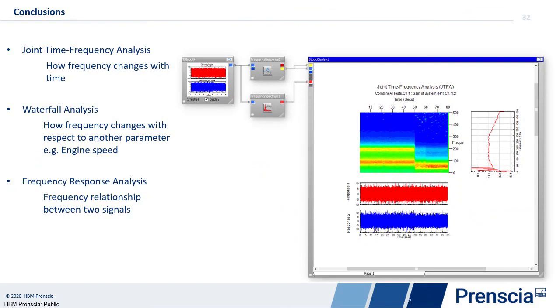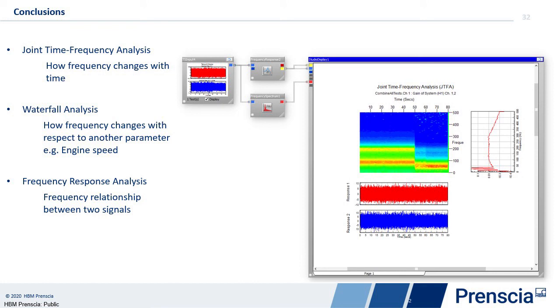What we have done here is club together time and frequency domain analysis by way of joint time frequency analysis. This helps me identify how frequencies change over time within the signal. From a waterfall display, we learned how frequency changes with respect to another parameter, like engine speed or the tacho, which in this case is RPM.